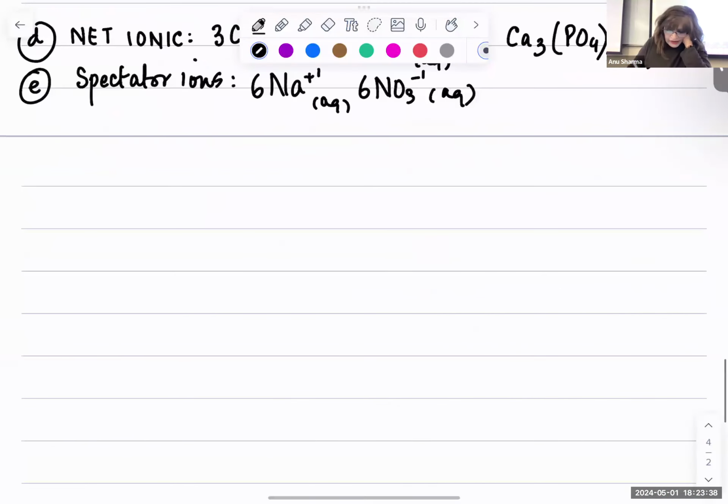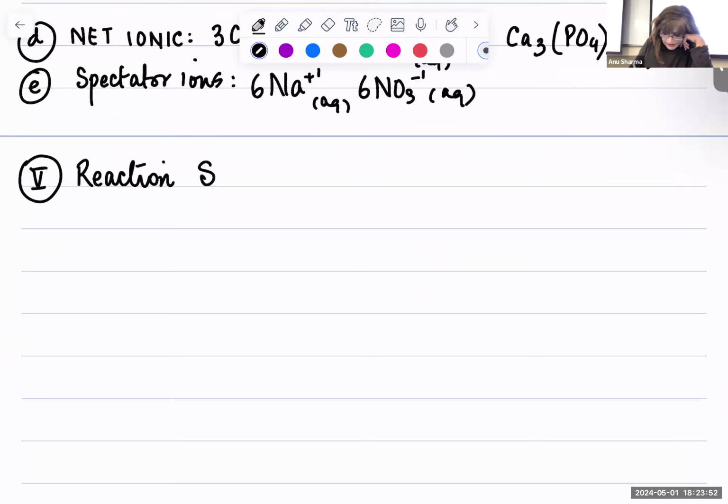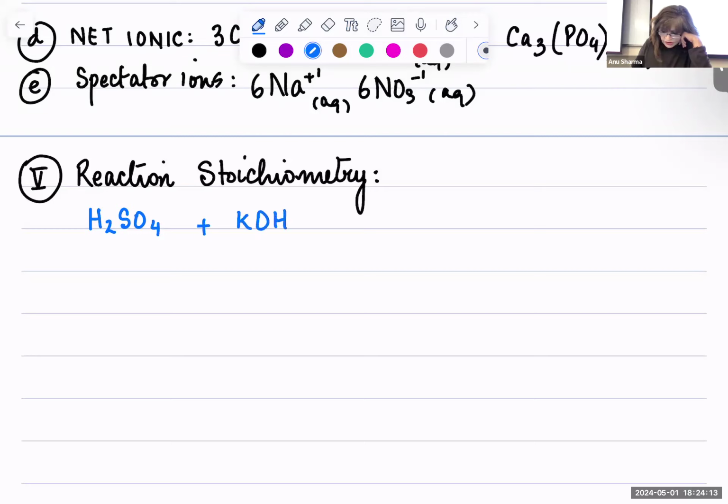Okay, next, number 5. Now I'm going to start off with some of the problems that relate to reaction stoichiometry. So let's say here you have a reaction such as H2SO4 reacting with KOH, and this is giving you K2SO4 plus H2O.